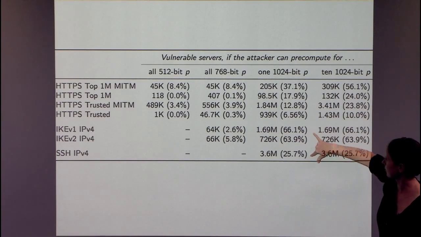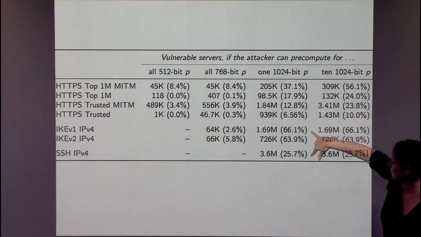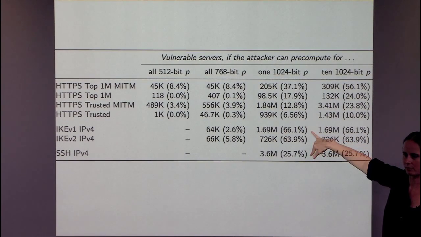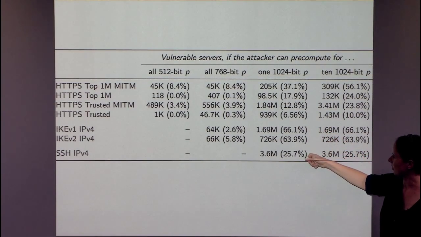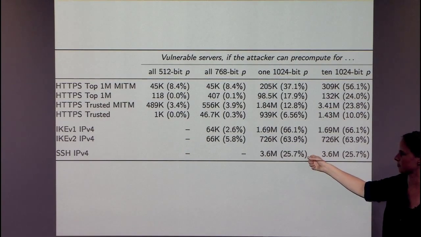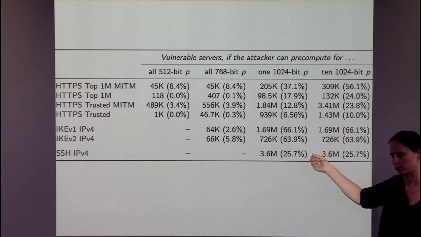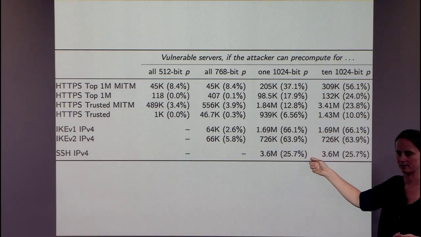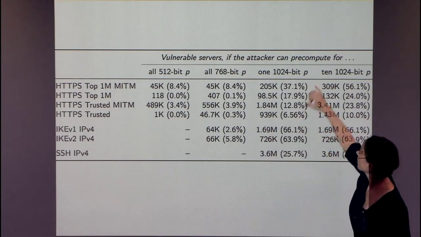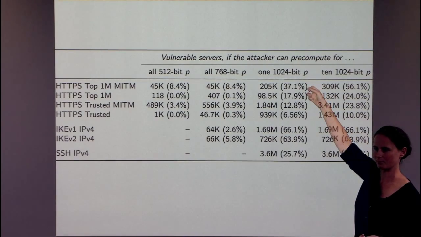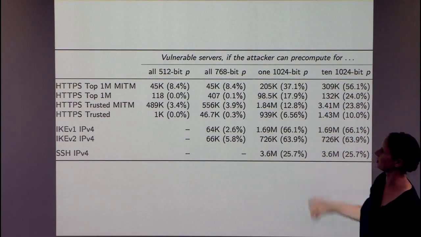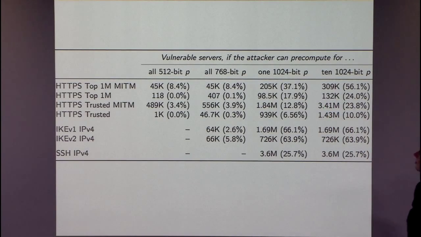So for SSH and IKE, these are the same prime. So if you've done that pre-computation for this 1024-bit prime, then you get traffic to 25% of SSH hosts for free. This is a different prime, but if you throw in having done that pre-computation for one more prime, then you get, say, 37% of all HTTPS traffic.